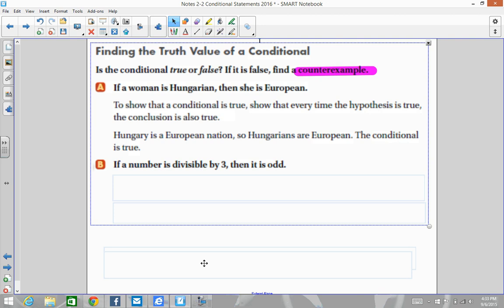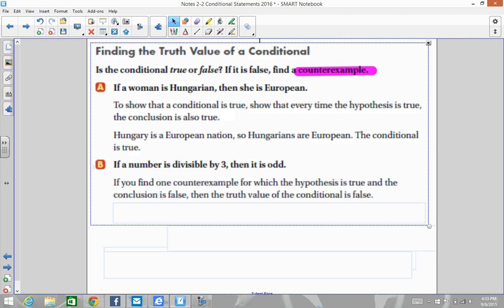Okay, let's look at B. If a number is divisible by 3, then it is odd. Well, let's see if we can play with that. If you find one counterexample, where the hypothesis is true and the conclusion is false, then the truth value of the conditional is false. So think about a number that might be odd or even. In this case, we want something even that's divisible by 3.